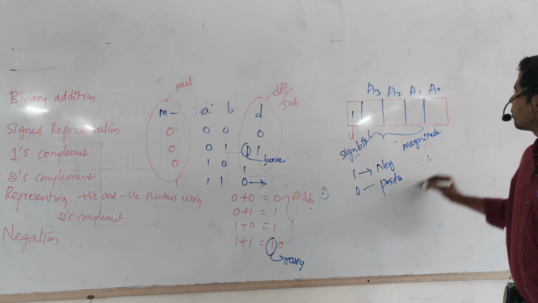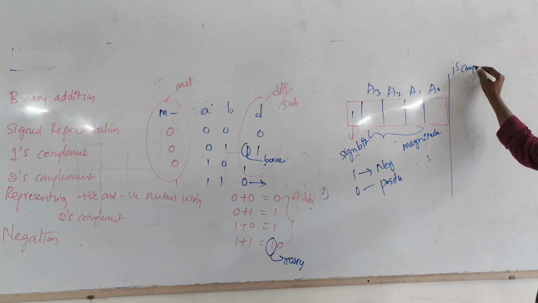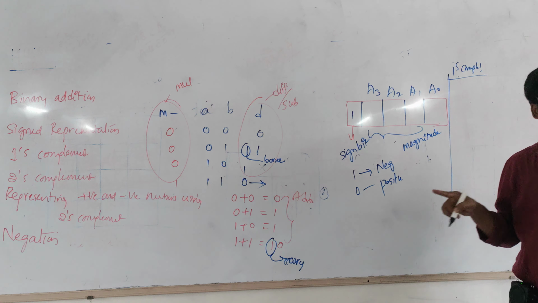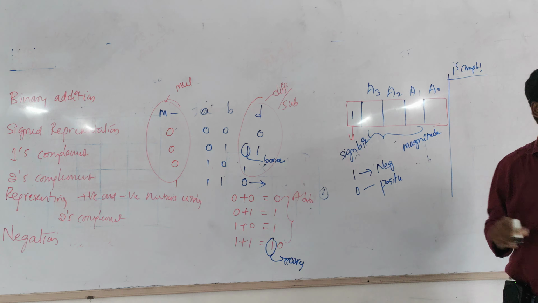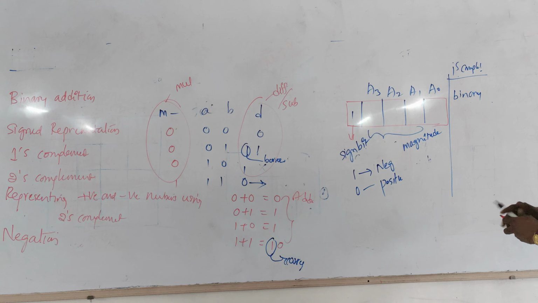As well as 1's complement: it can be obtained by replacing each 0 with 1 and each 1 with 0. Suppose you are taking the binary number 1 0 0 1.